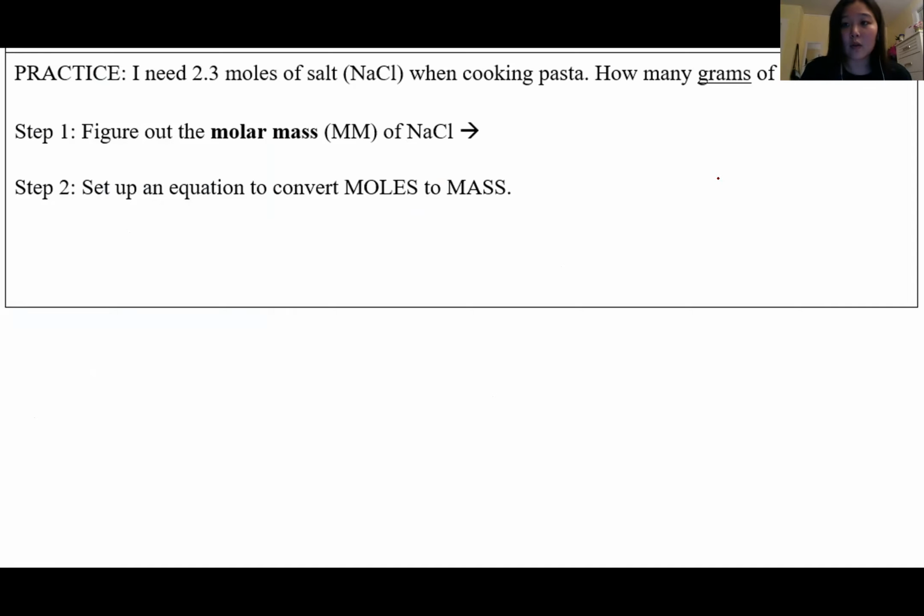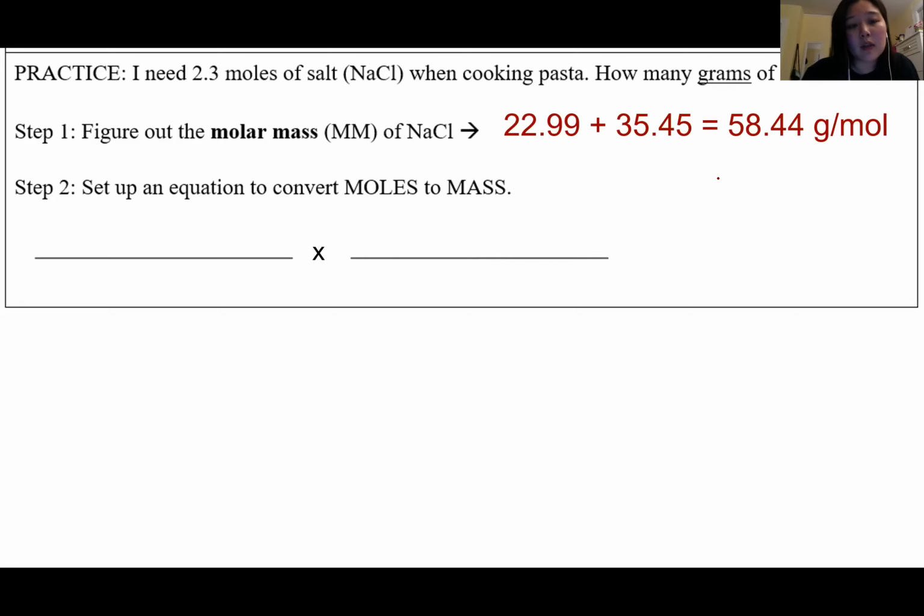All right, so the first step is to figure out the molar mass of sodium chloride, which is salt. And that's easy peasy. You're going to look at your periodic table and add sodium and chlorine together and get 58.44 grams per mole. Now, let's set up the equation to convert moles to mass.